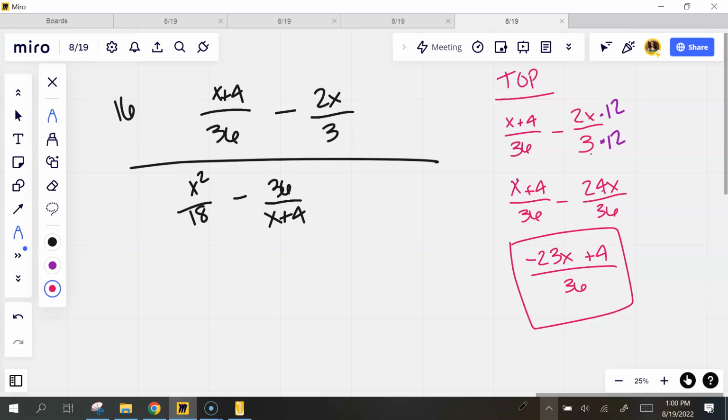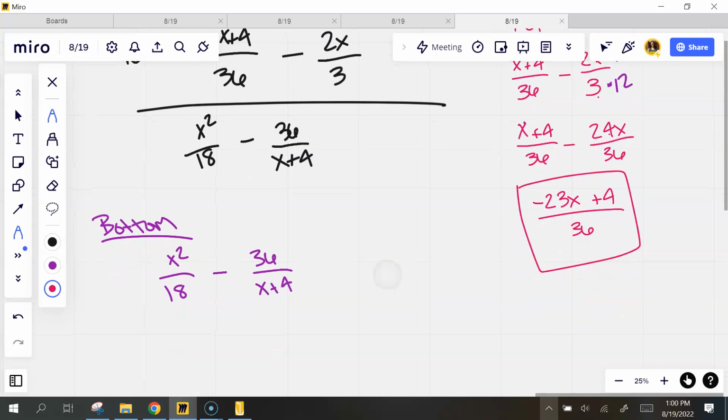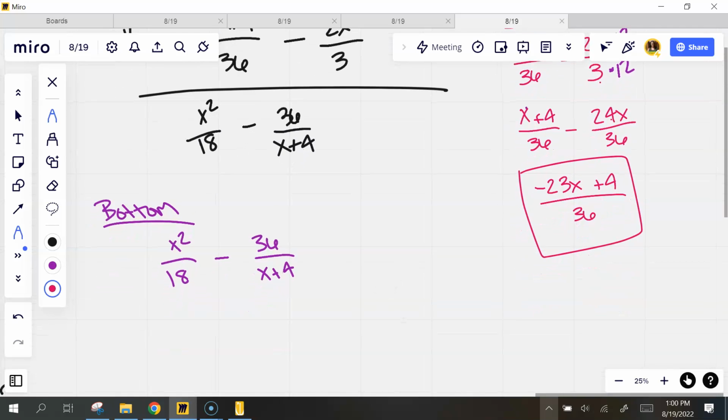The bottom's another story because it's a little bit more complicated. X squared over 18 minus 36 over x plus 4. Who do I need to give what? That's right. Remember, what I'm really doing here is multiplying.